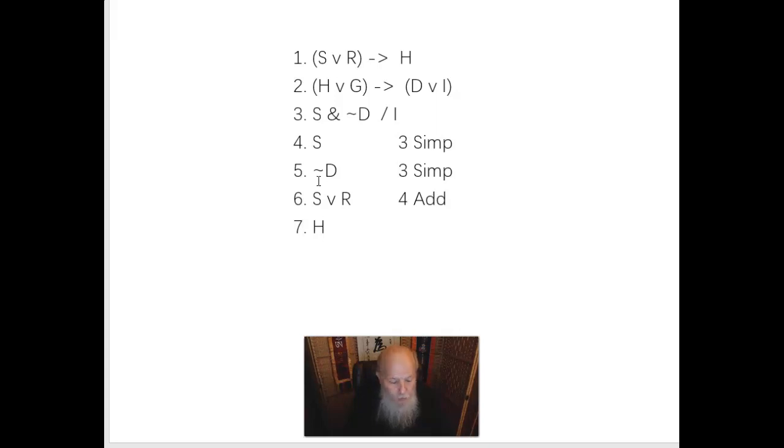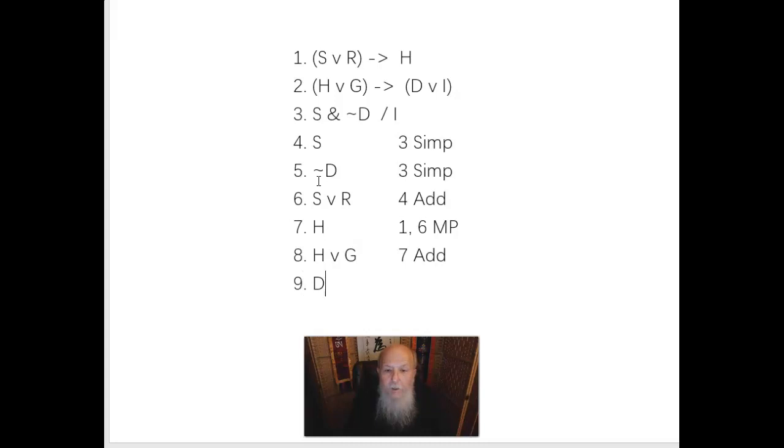That'll give me H from 1 and 6, modus ponens. And I can get H or G from 7 by addition.